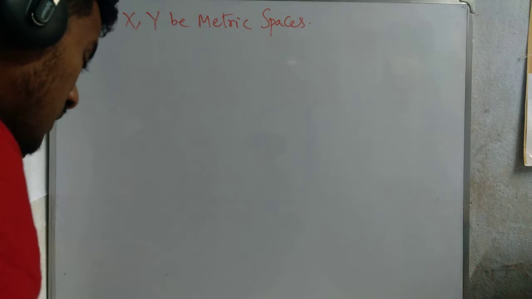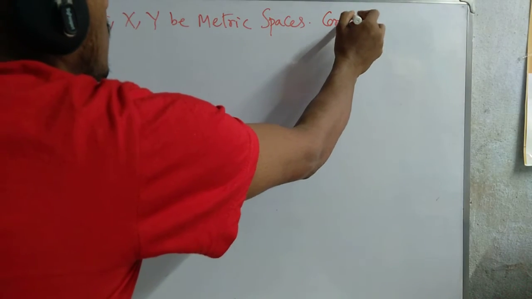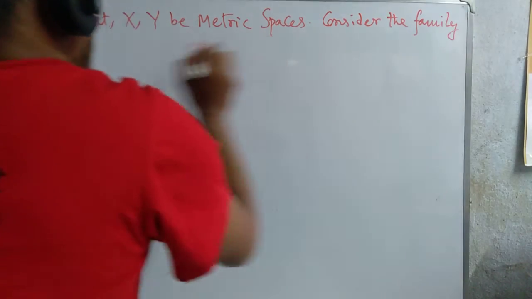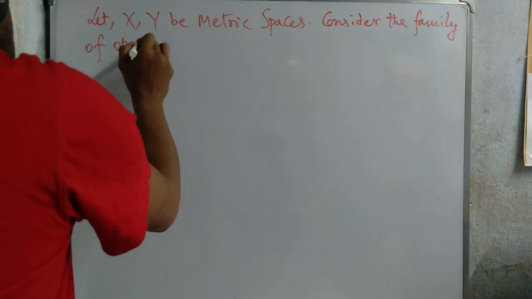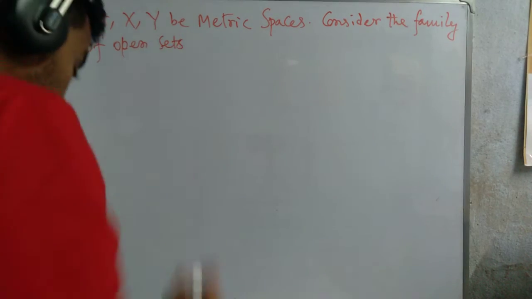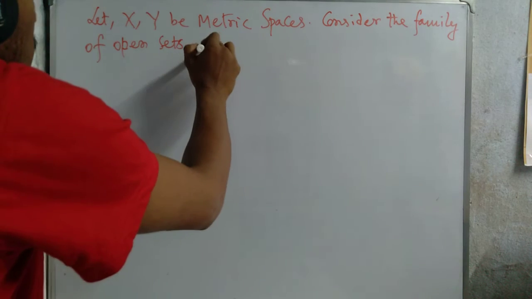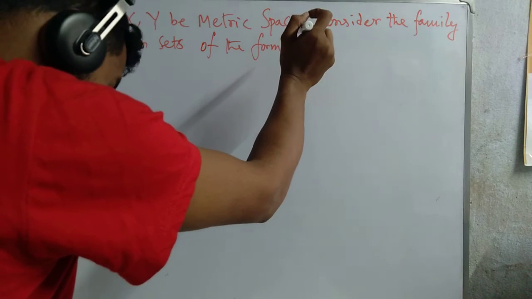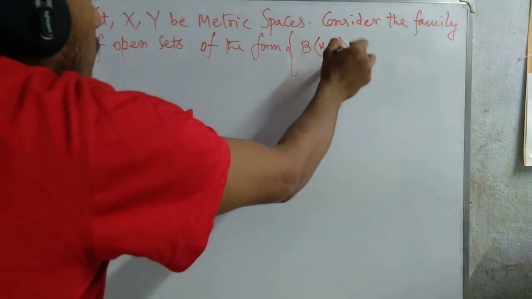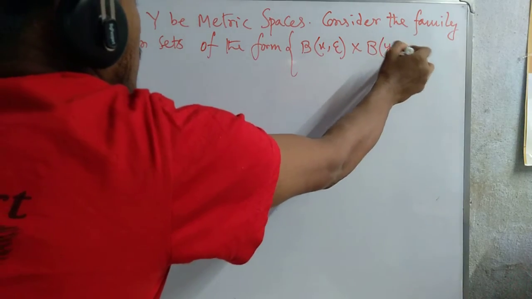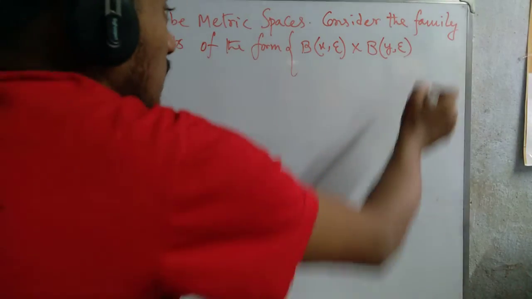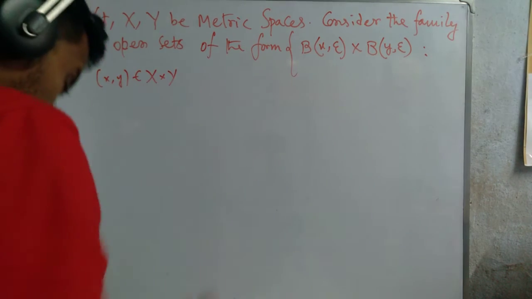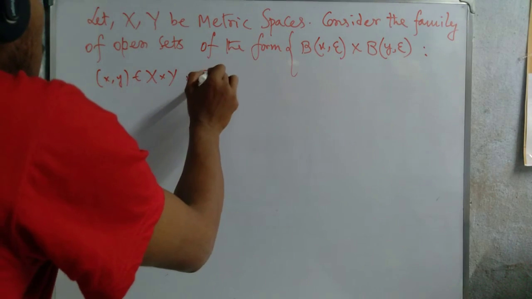Consider the family of open sets of the form B_X(x, epsilon) cross B_Y(y, epsilon), such that (x, y) belongs to X cross Y and epsilon is greater than 0.